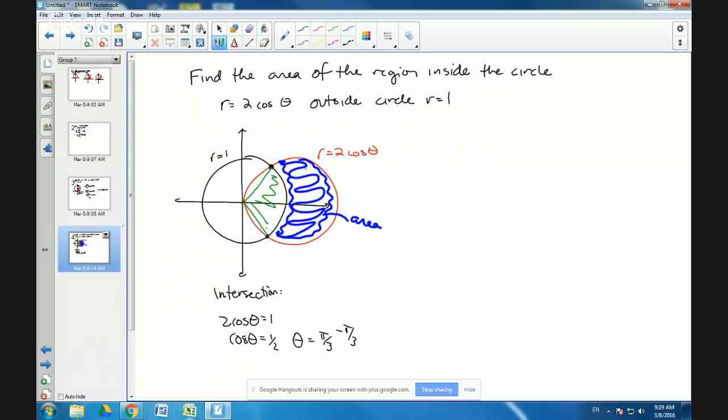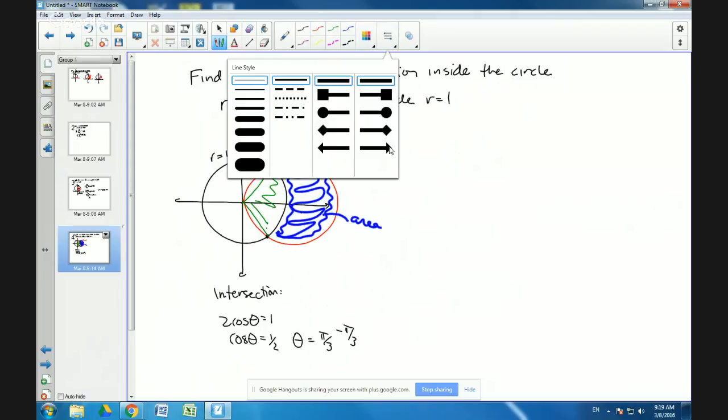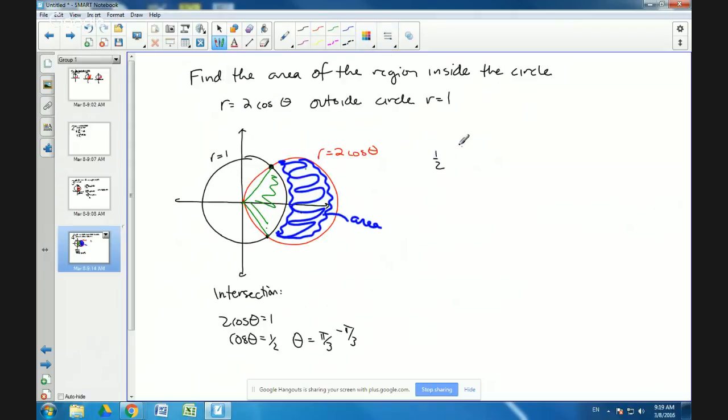The big one first, like from -pi/3 to pi/3, minus the inside. So for the big one, we want this whole area here, right? -pi/3 to pi/3 of 2 cosine theta squared.